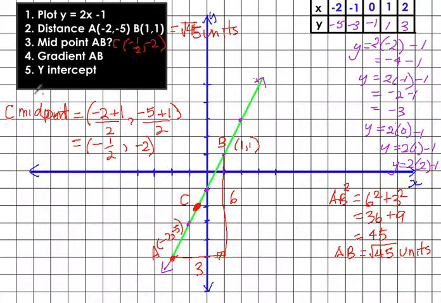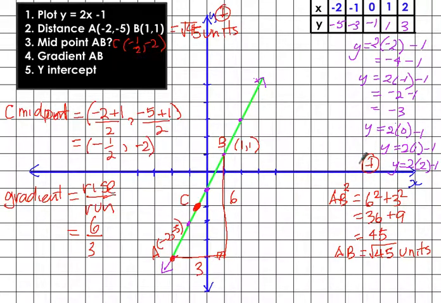Now the gradient. How we work out the gradient is the rise divided by the run. So for the gradient, we rise 6 and we run 3, and we ran in the positive direction. Remember I said this is a positive side and this is a positive side.